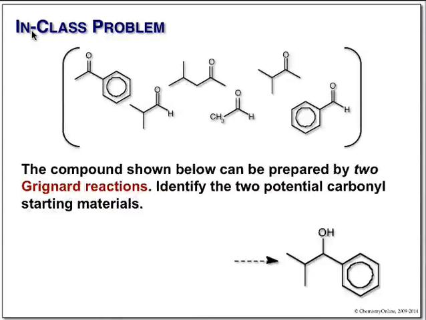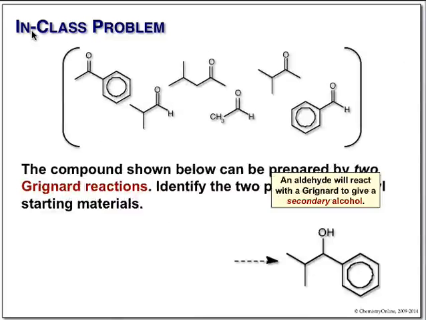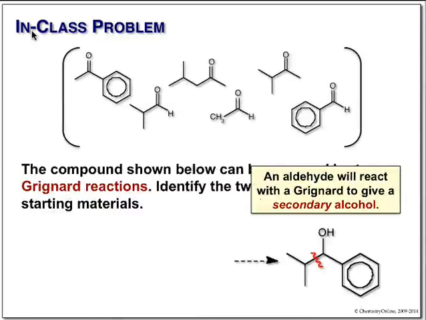Very simple review of Grignards. You will see Grignard reactions like these. Again, let's look up top. We're going to take and make our secondary alcohol. The procedure is to split on one side. Look to see what Grignard we need and what carbonyl.